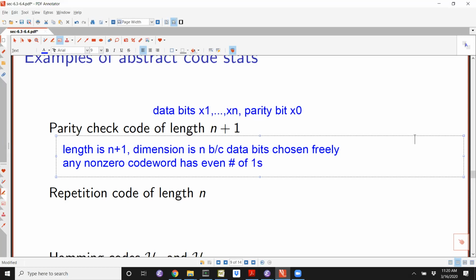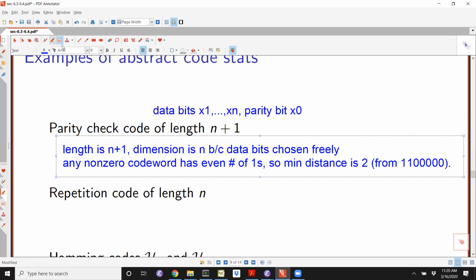Remember, the whole point of the parity check code is that you take your data bits, however many ones there are, and if there's an odd number of ones, you add a 1 for the parity check bit, so any non-zero code word would have an even number of ones. So the minimum distance is 2, from 1 1 0 0 0 0, however many zeros that is.